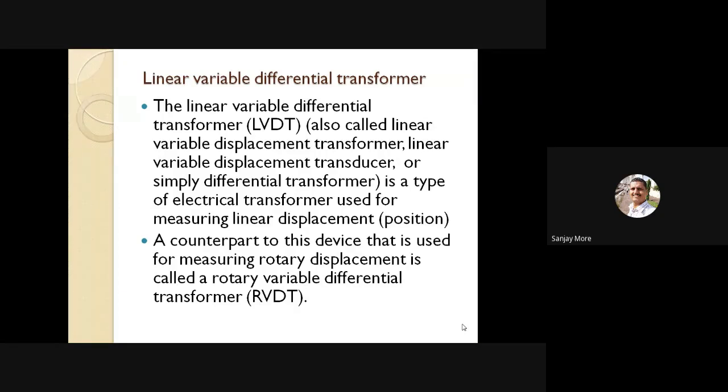These linear variable differential transformers, LVDT, were completed twice in the last and previous lectures. So the LVDT point is already covered, but today those who were not present in the previous lecture, that's why I'm taking only the diagram of this point.